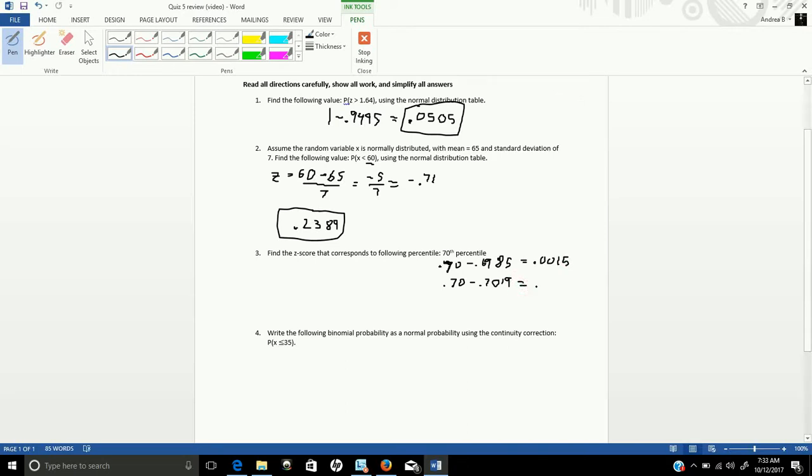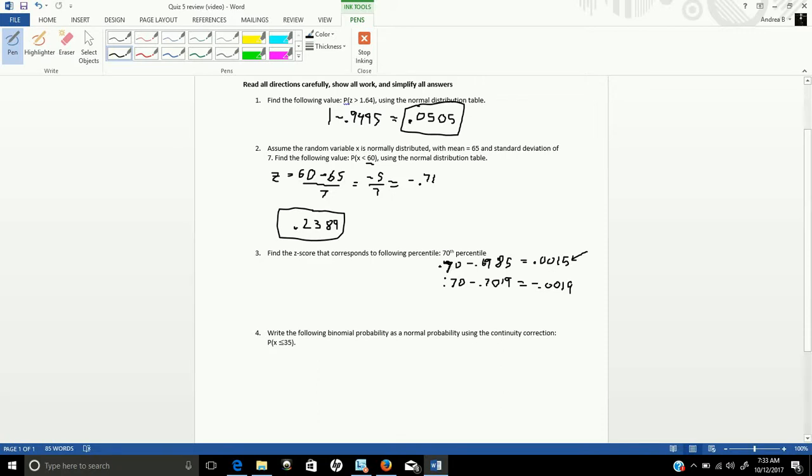And then the other one here, again, negative 0.0019. So that means this one's closer because it's closer to 0. So we want whichever one's closest to 0. That's the one that's closest to our 0.7.